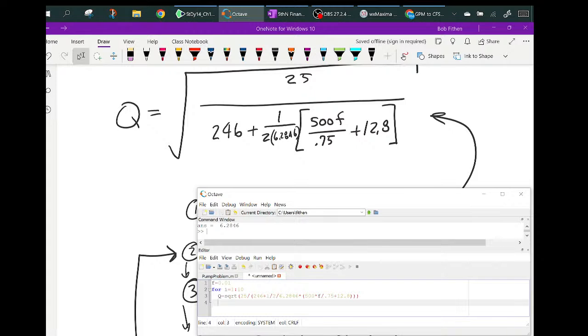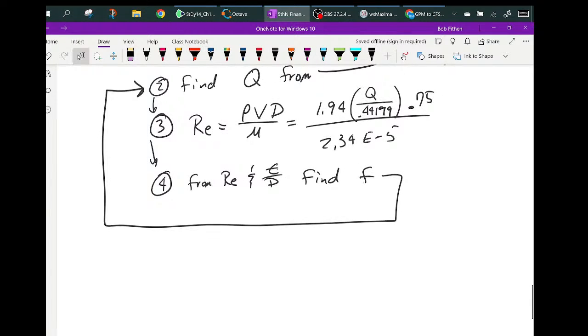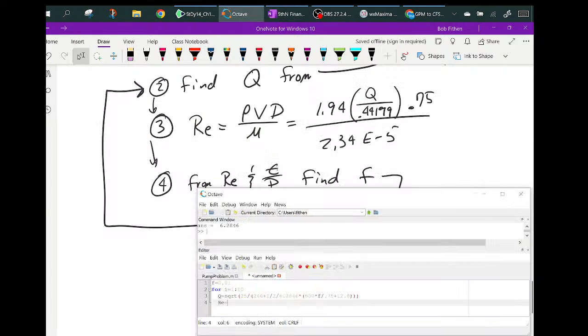And then I'm going to find the Reynolds number, which is equal to 1.94 times Q divided by 0.44179 times 0.75 divided by 2.34 e to the minus 5.